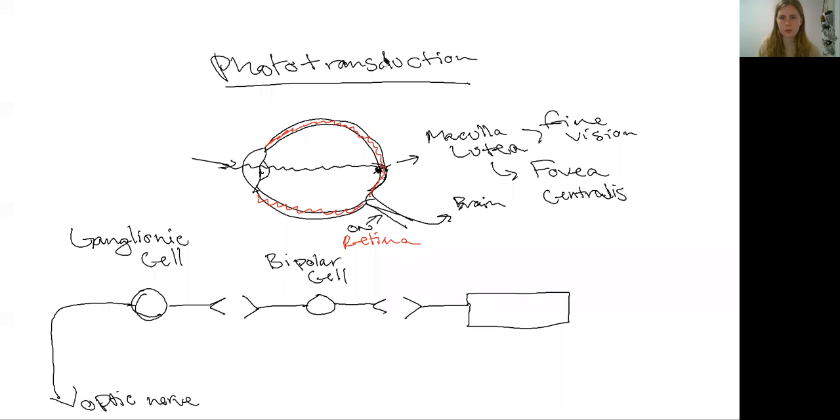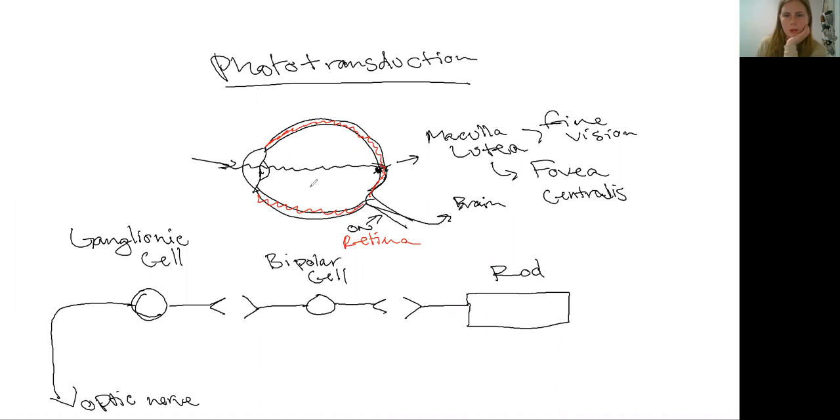So this right here is your rod. Rods and cones are next to each other, so cones are also part of this third area. Rods detect light, and cones detect color. But mostly in this class we focus more on rods.